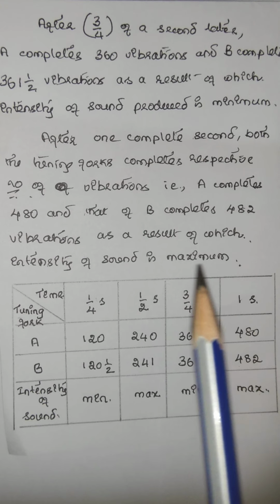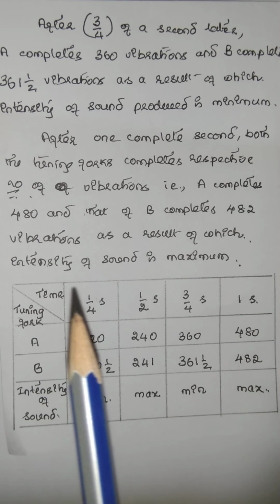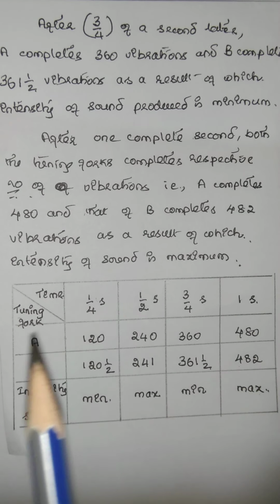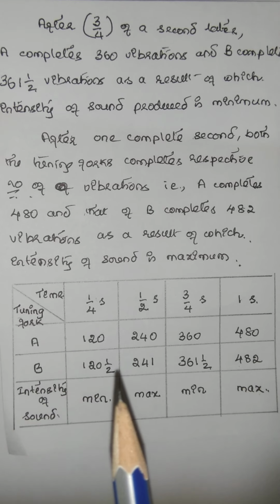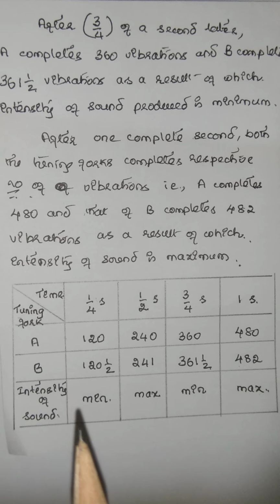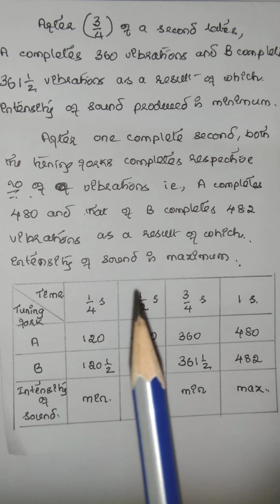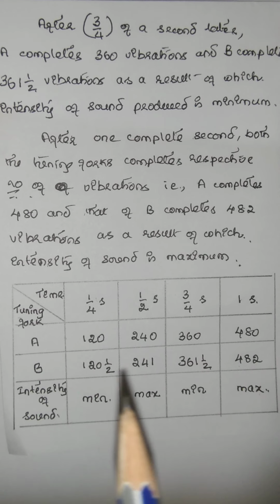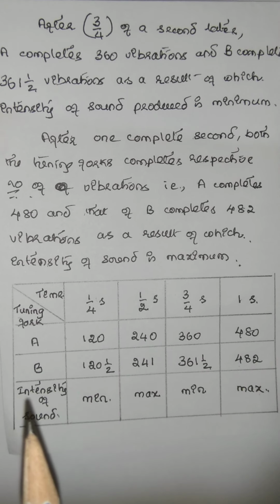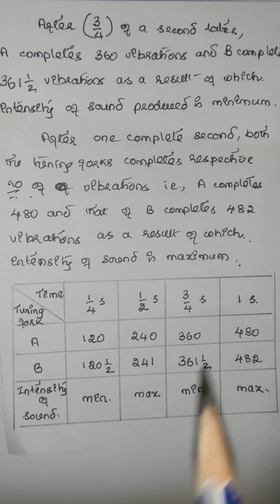That is, after a time of 1/4 second, A completes 120, B completes 120 and a half. Therefore, intensity of sound is minimum. After half a second, A completes 240, B completes 241 and intensity of sound is maximum.